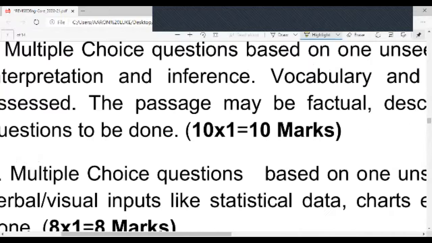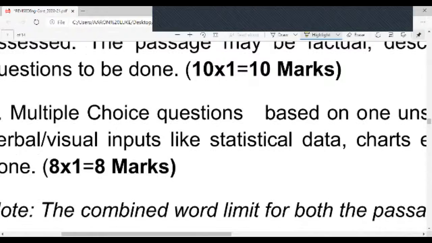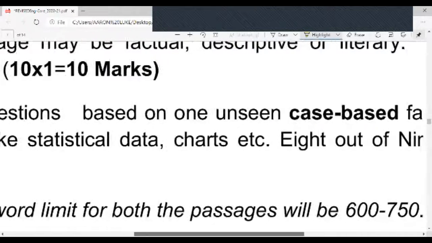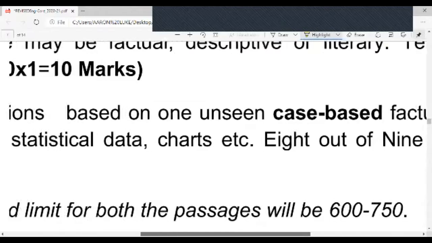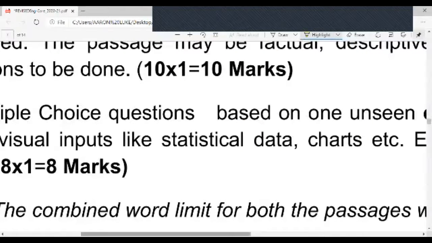It carries 10 marks, and the second reading comprehension carries 8 marks. In the second reading comprehension, 9 questions will be given, out of which you will be writing any 8 of your choice.